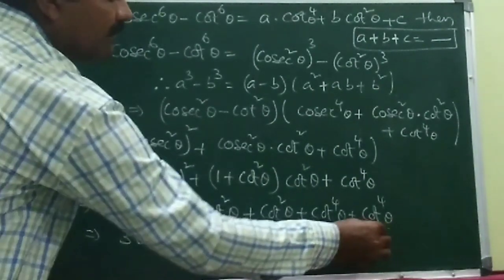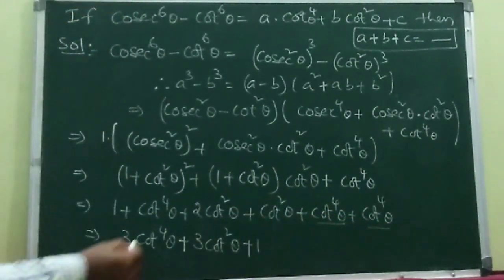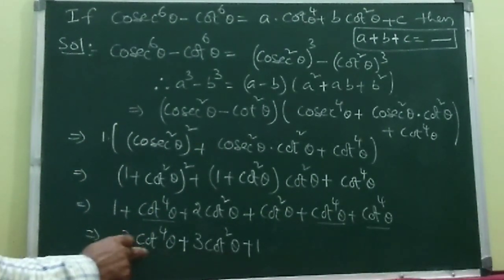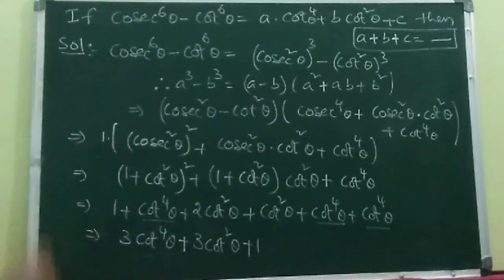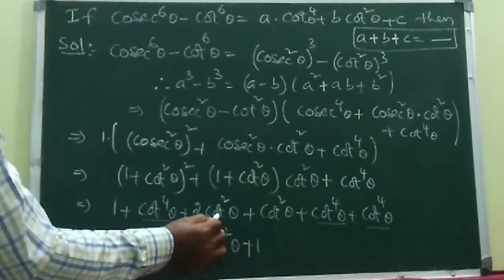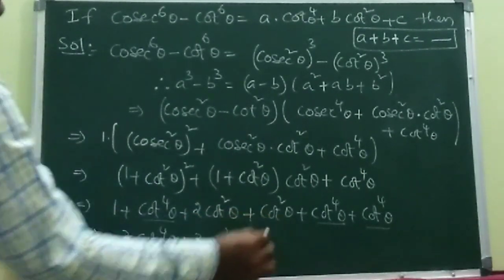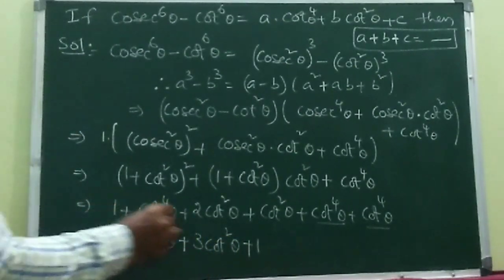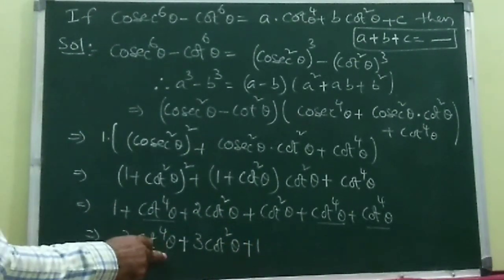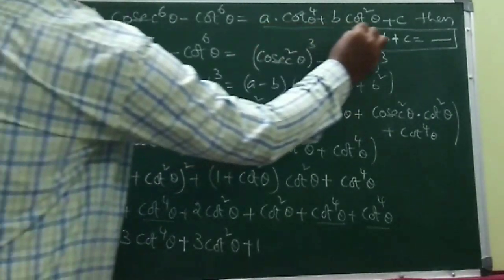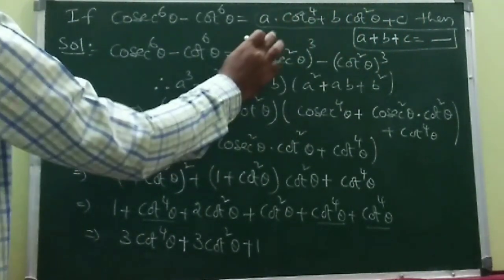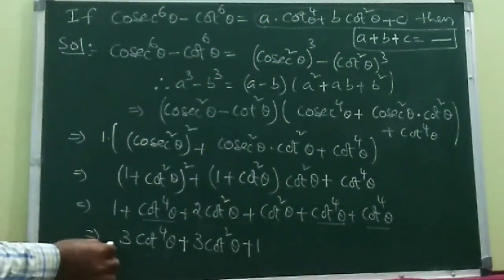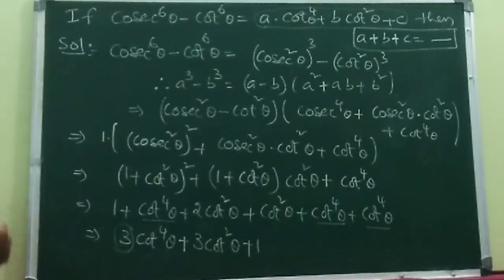Now you see cot power 4 theta plus cot power 4 theta plus cot power 4 theta, which I can write as 3 into cot power 4 theta. And this is 2 cot square theta plus cot square theta, which is 3 cot square theta, and plus 1. I think this is in the required format now, isn't it? So the coefficient of cot power 4 theta is a. I mean a is equal to 3.